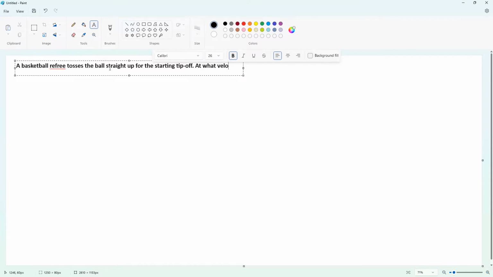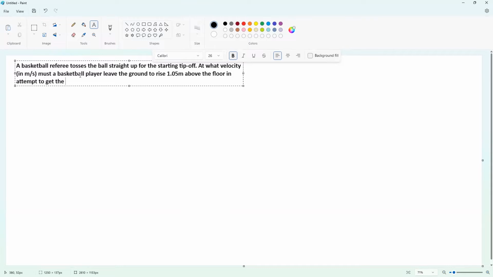At what velocity in meters per second must a basketball player leave the ground to rise 1.05 meters above the floor in attempt to get the ball? So this is our problem right here.